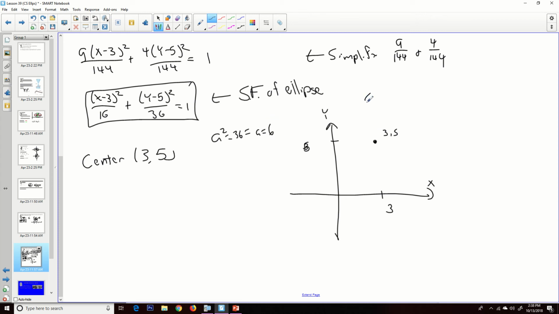So I need to go 6 above and 6 below to find my vertices. 6 above 3, 5 would be 3, 11. And then 6 below would be right here, 3, negative 1.